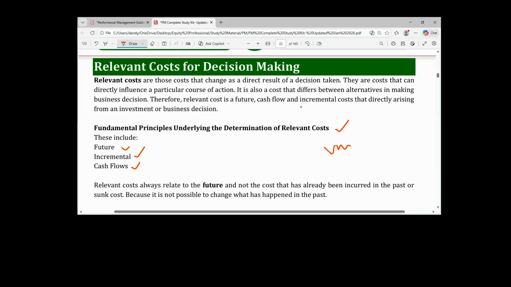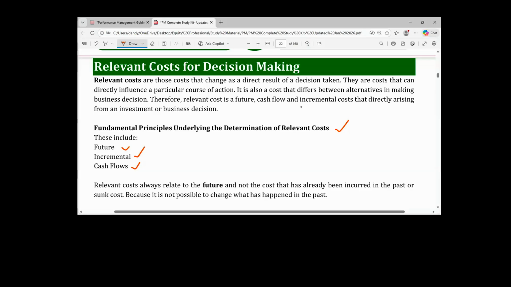They are futuristic in nature. They are costs that have not been incurred at all. So this implies that any costs that have been incurred in the past, such as sunk costs, are irrelevant.